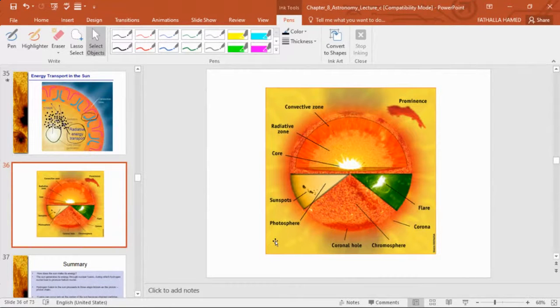So here we think of nuclear fusion. So let me just share my whole screen with you. I want to take you to a comparison here.